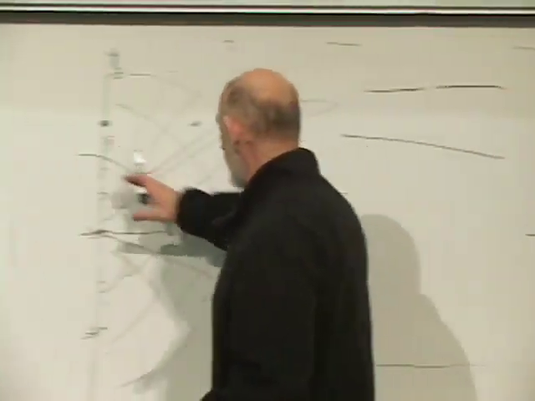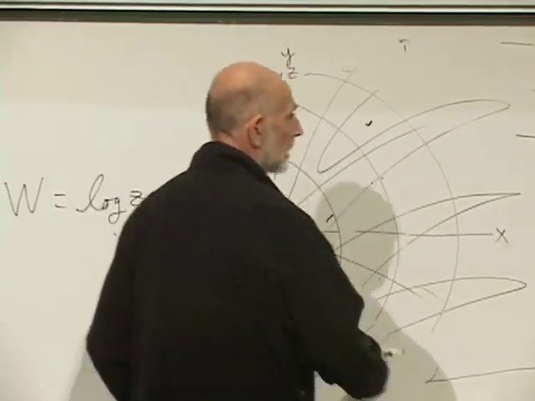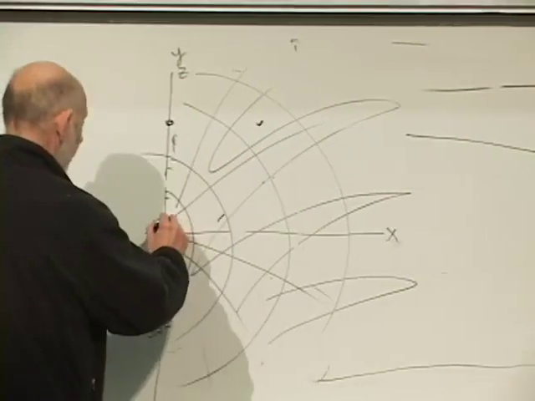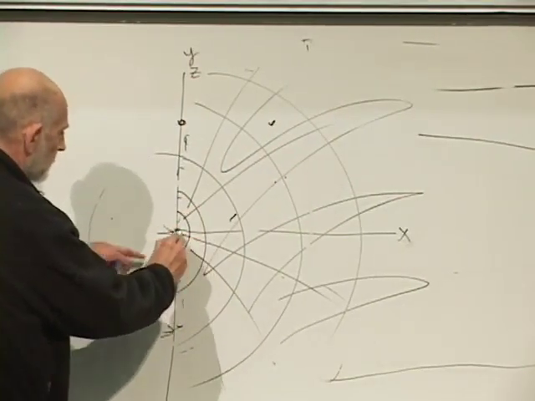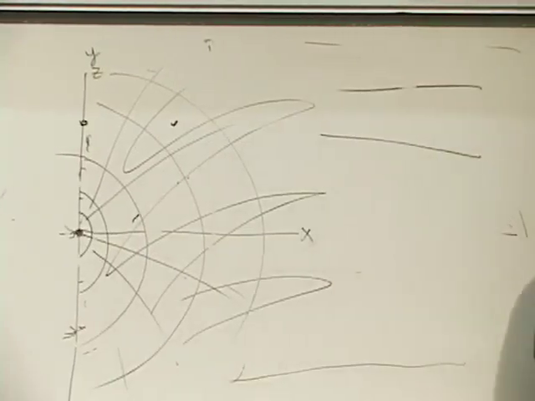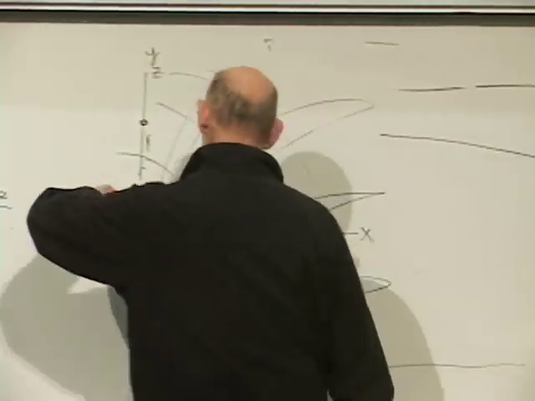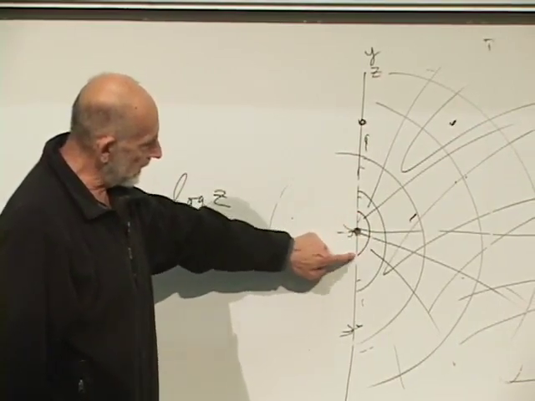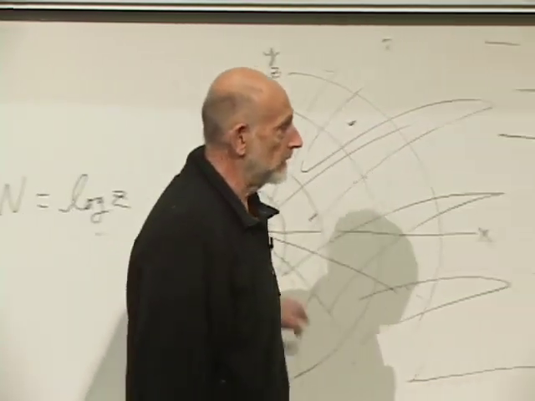Then there are the circles on here. Here's a circle. Every one of these circles sort of surrounds this point here, half surrounds it. They start on the boundary of the disk, they surround this point, and they come back to the boundary.